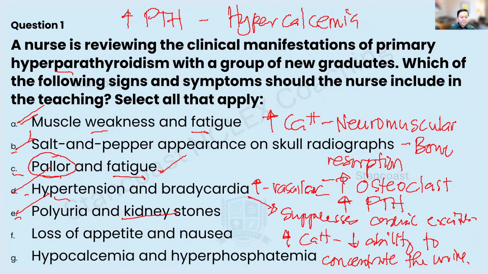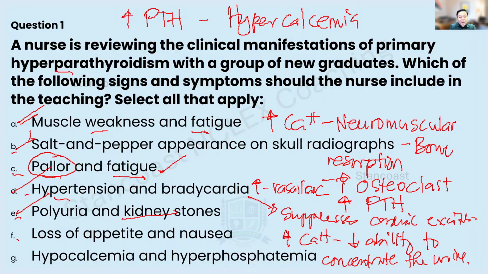What about letter F? Loss of appetite and nausea. Why? Is this going to lead to that if there is increasing PTH and calcium?